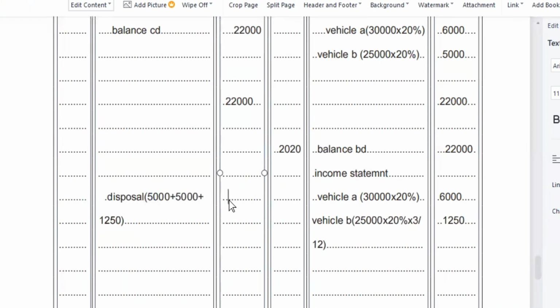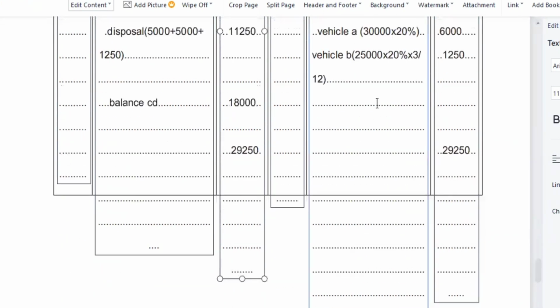So the balance CD would be 22,000 plus 6,000 plus 1250 minus 11250, that was 18,000. So balance BD at the end of 2020 was 18,000.